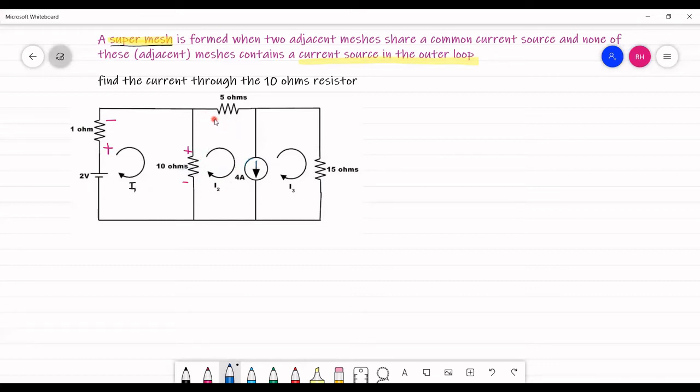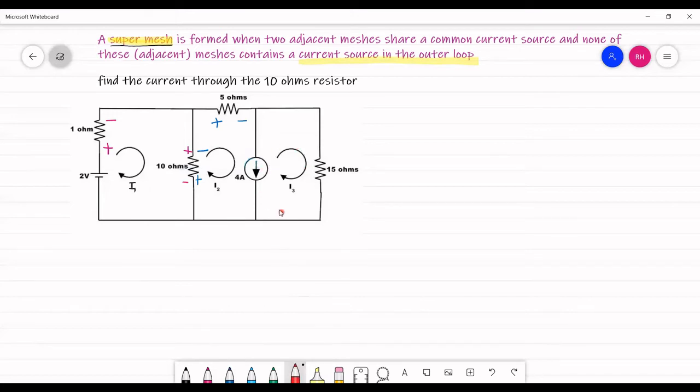Let me start from here. Current enters, plus, and here it leaves, minus. You come to a current source, so you are not supposed to put plus or minus. Then current enters this point, so plus, and current leaves this point, so minus.